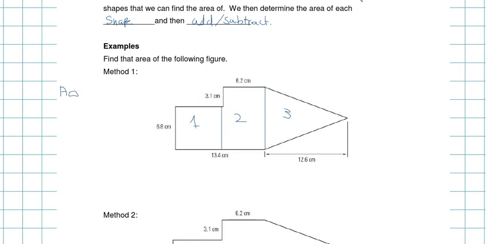So for this shape right here, what's your length and what's your width? The length is 6.8. Yeah. The width is 13.4 divided by 2.